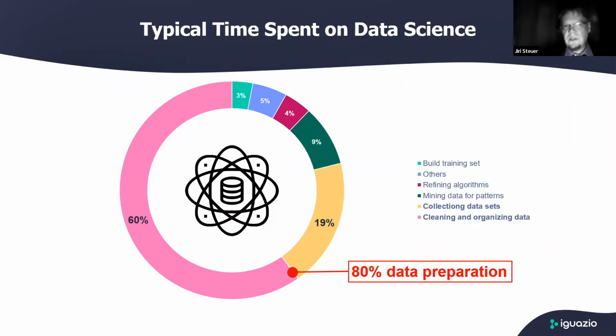Second significant effort, 19%, is on the side of collection dataset. The rest of 20% is more about core task where you can find data mining, building training dataset, model training and testing, and so on. It means that 80% is about the data preparation, and this effort significantly prolongs efficiency for delivery.